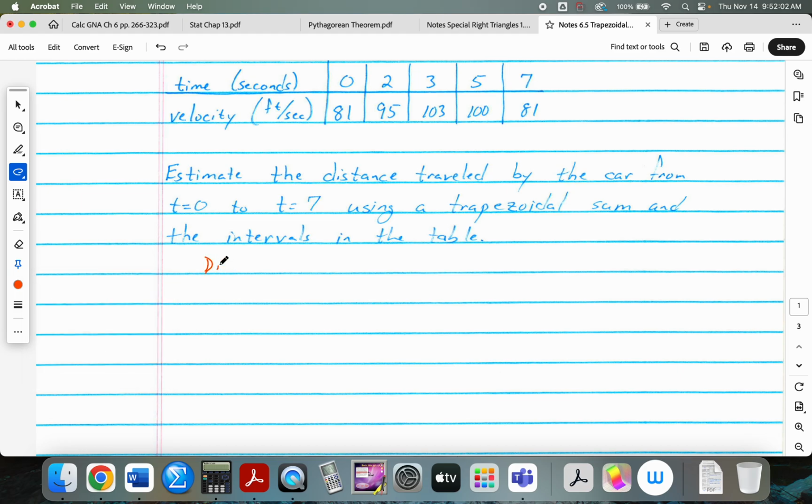So the distance traveled is going to be approximately equal to half of 81 plus 95, so we're averaging that out, times the width of interval of length 2, plus half of 95 plus 103 on a time interval of 1, plus half of 103 plus 100 on a time interval of 2, plus half of 100 plus 81 on a time interval of 2.